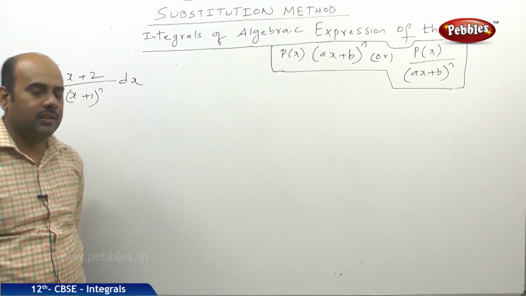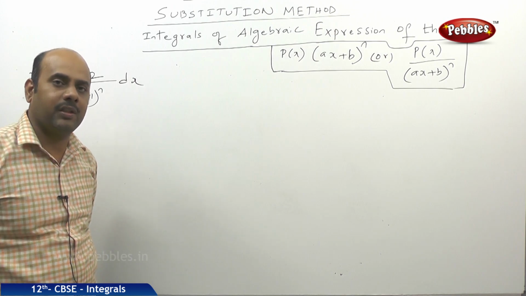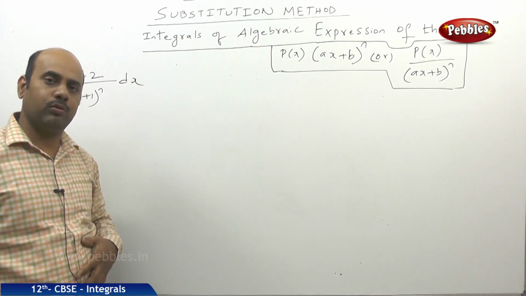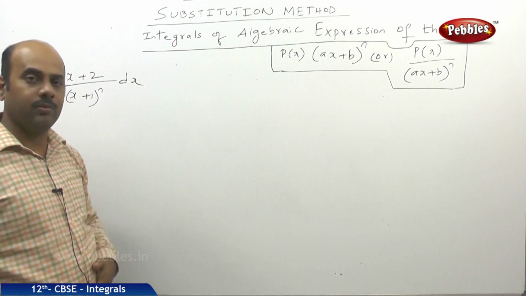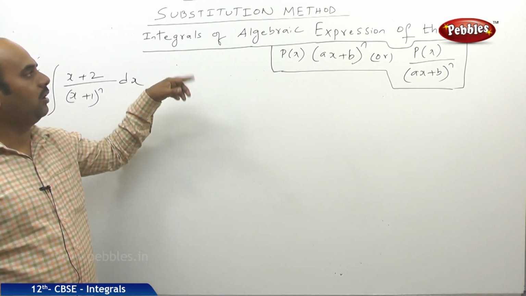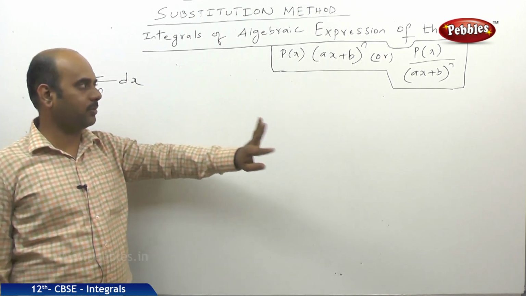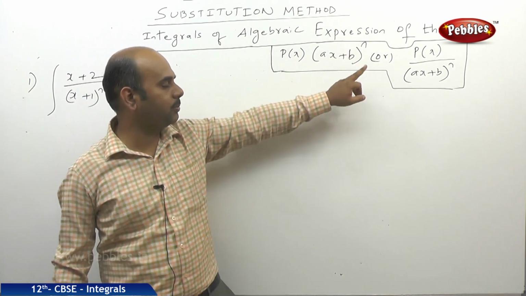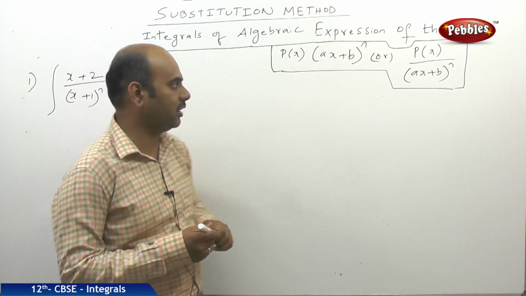Up till now we had seen type 1, that means integration by applying transformation method. Now we are going for the type 2 patterns, or Roman number 2, or model number 2 called as substitution method. In substitution method, sometimes we will be asked to evaluate integral of algebraic expression which will be of the form p of x into ax plus b whole power n, or p of x by ax plus b whole power n.